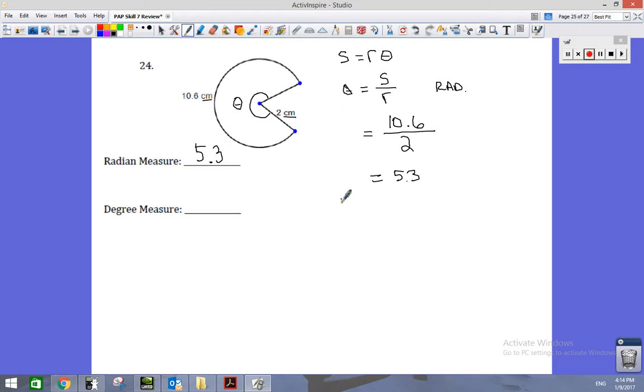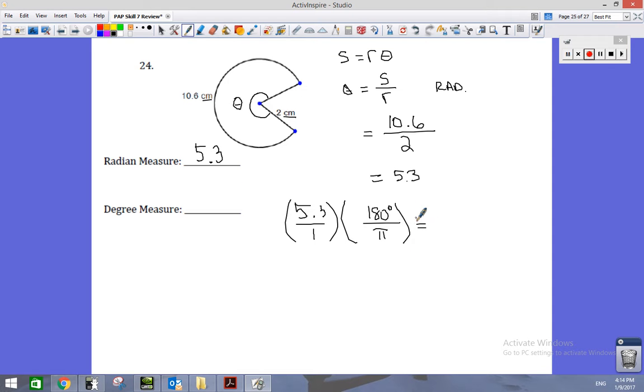Let's take this radian measure and convert it to degrees. I think of it as multiplying by the number 1, where the numerator and denominator are equivalent to each other. I want degrees to be my final answer, so I want 180 degrees in the numerator, and the radians in the numerator to cancel with the radians in the denominator.